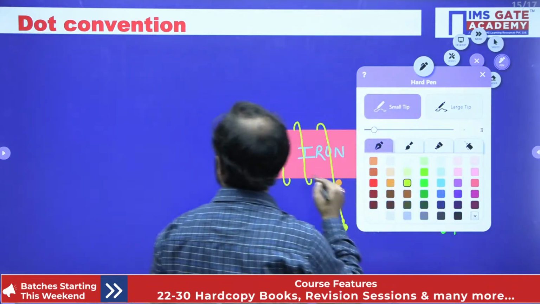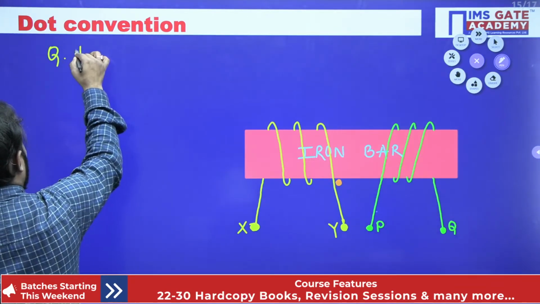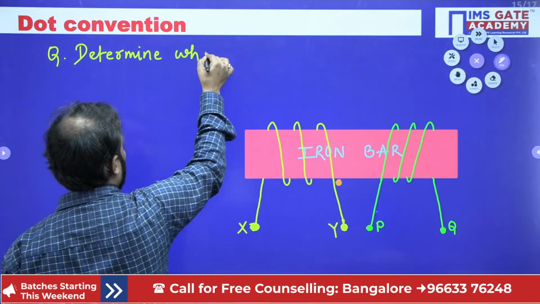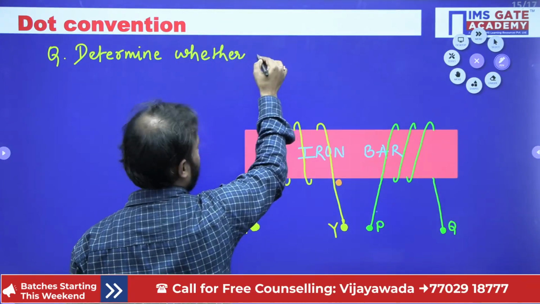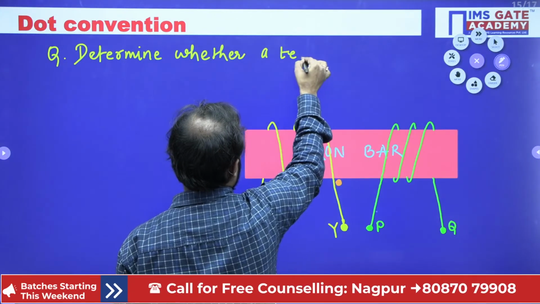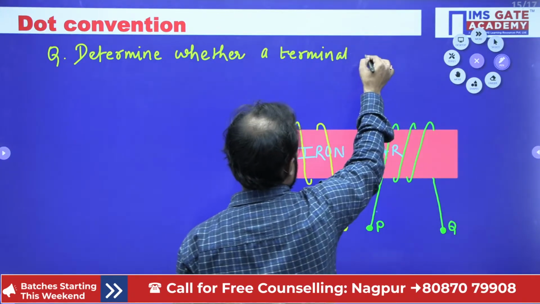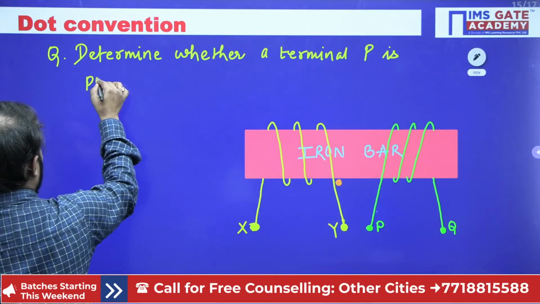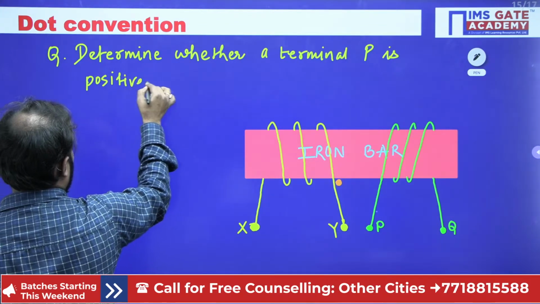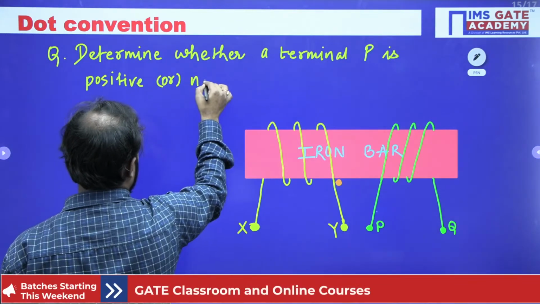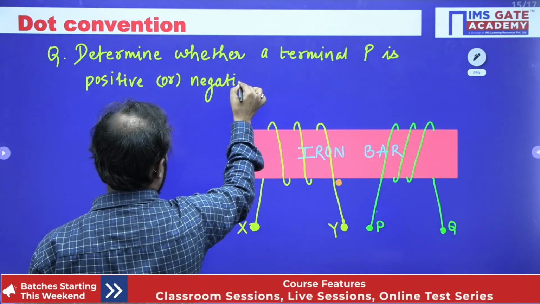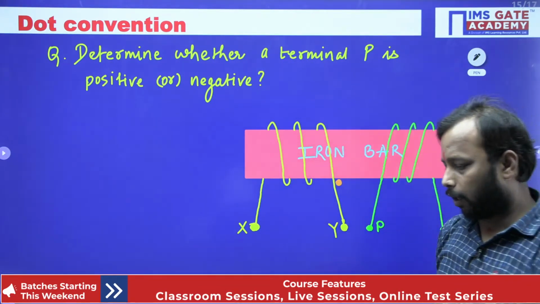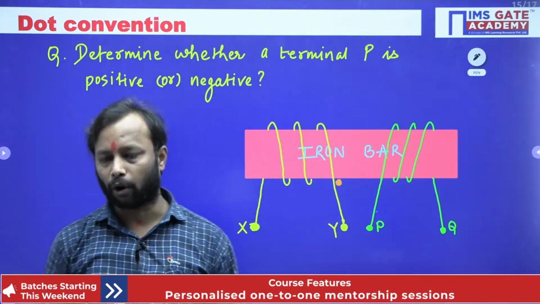Okay, so the question is: determine whether terminal P is positive or negative. Positive or negative. So please do solve and reply the answer in the chat box.